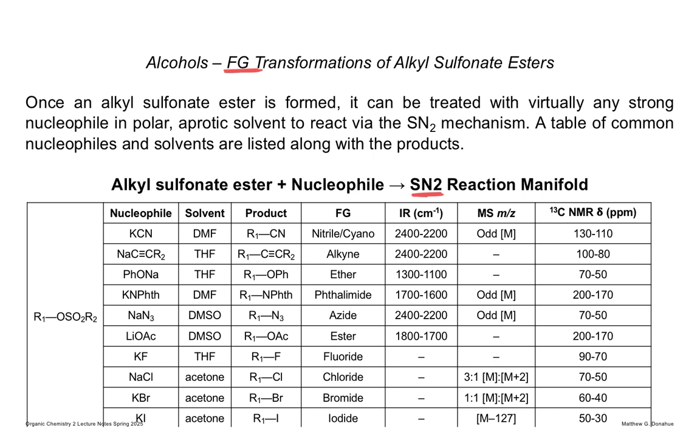So if I highlight here that stuff in blue, you're substituting that for any of those nucleophiles. And then it tells you what the name of it is, where you would see something in IR, mass spec, or carbon NMR.